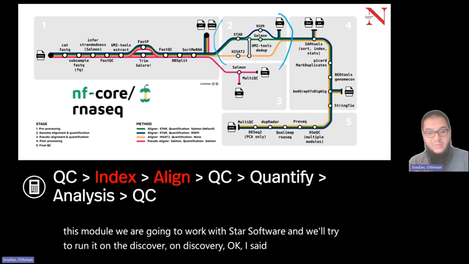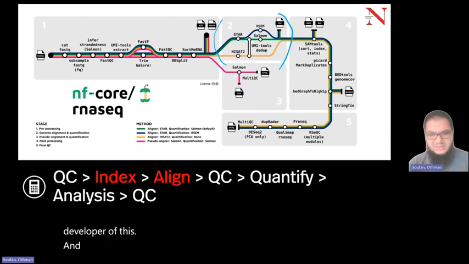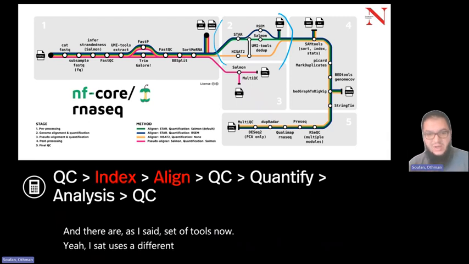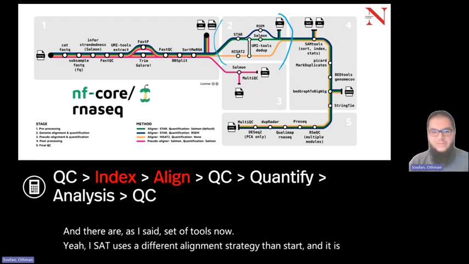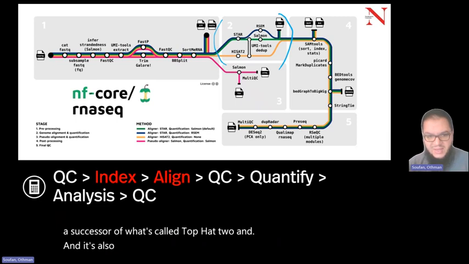HISAT is another one. As I said, there is a set of tools now. HISAT uses a different alignment strategy than STAR, and it is a successor of what's called TopHat2, and it's also designed for aligning RNA-seq.